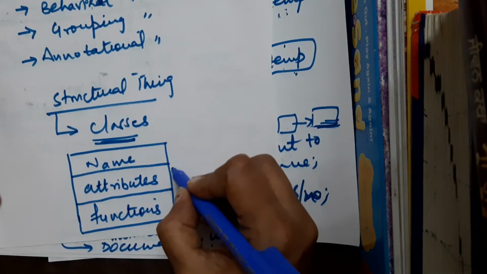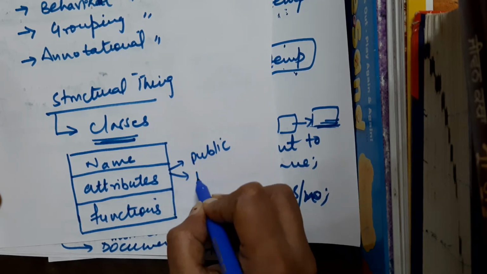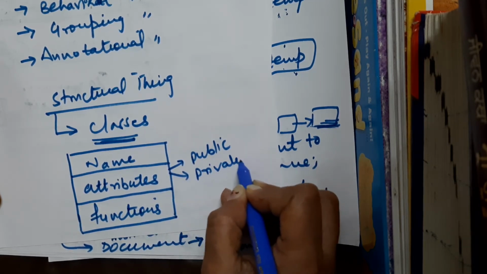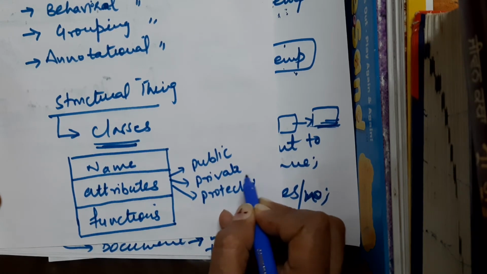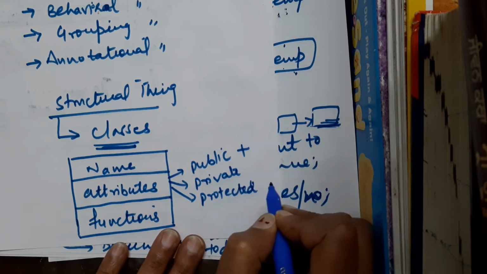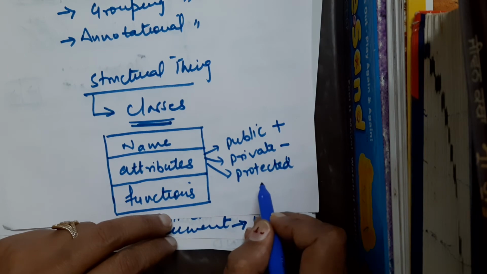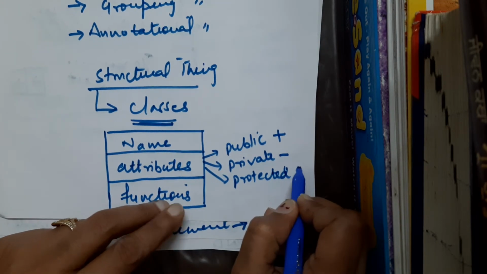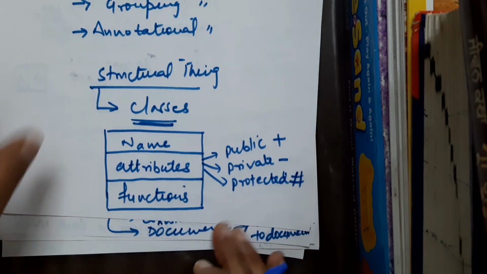Attributes can be public, private, or protected. When you use UML software, a plus sign is used to declare a variable public, a minus sign is used to declare a variable private, and a hash is used to declare a variable protected.